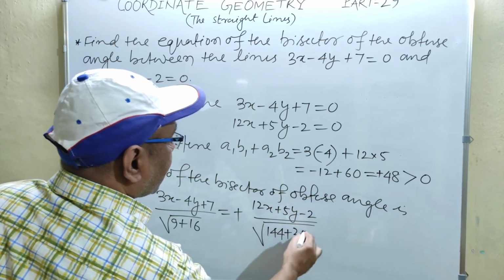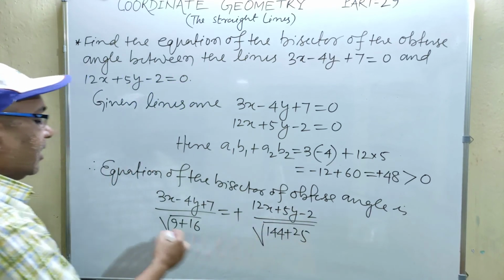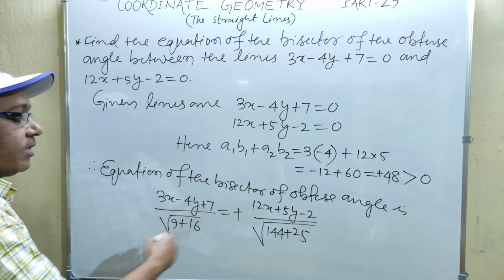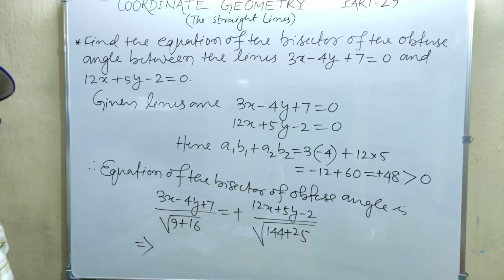This will be 169, its root is 13, and this is 25, so 5. So you will take cross multiplication, and after taking cross multiplication you will get the required equation.